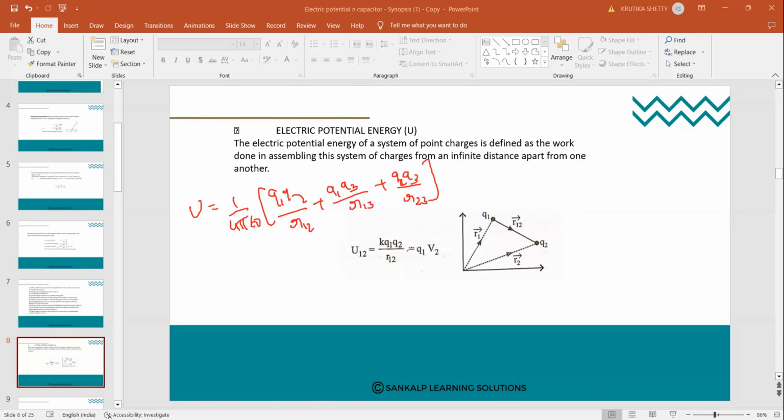For 2 charges, it is 1/4 pi epsilon naught q1 q2 by r12. But this is for the 3 system of charges. If there is a 4th charge, 3 more terms get added. In our syllabus we have only 2 and 3 charges. Note down the formula. Electric potential energy is equal to 1/4 pi epsilon naught q1 into q2 by r12 plus q1 into q3 by r13 plus q2 into q3 by r23.